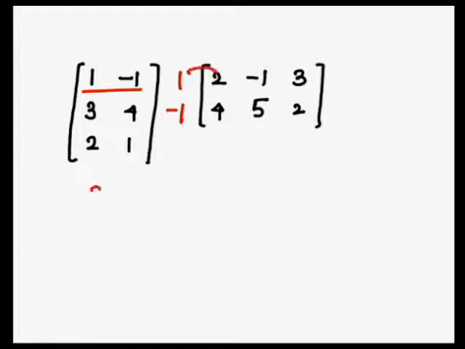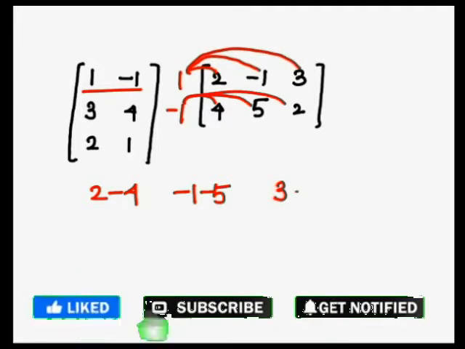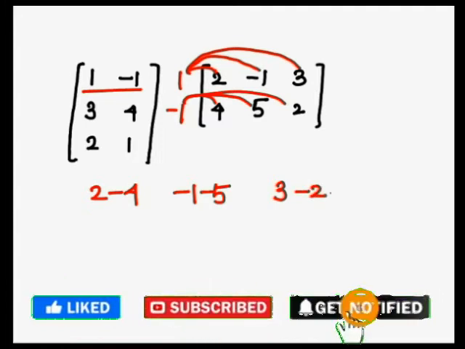So we multiply 1 with the 2, we get 2. We multiply minus 1 with the 4, we get minus 4. Now we multiply with the second column, 1 into minus 1, we get minus 1. Minus 1 into 5, we get minus 5. Now we multiply with the third column, 1 into 3 is 3, minus 1 into 2 is minus 2.